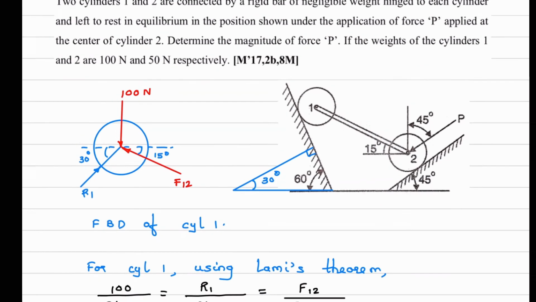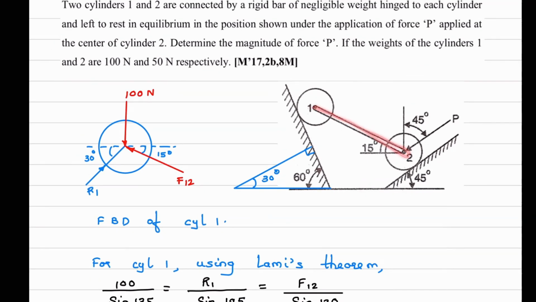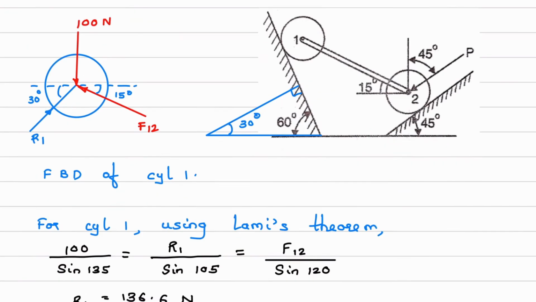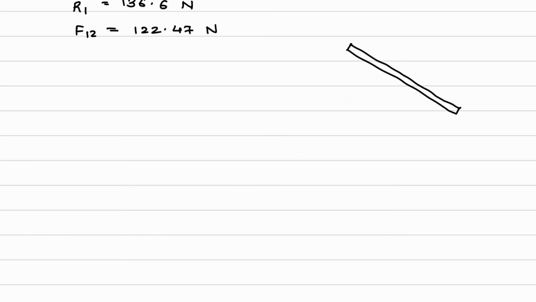Now if you consider this rod 1 to 2, there is compressive loading on it, because this cylinder is trying to push the rod in this direction, and this cylinder is trying to push the rod in this direction because of this load applied. So that is why I am showing here the direction of F122 for the rod. Okay, so this will be F122 and this will be F122 for the rod.